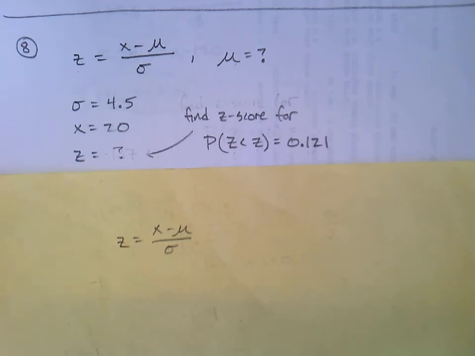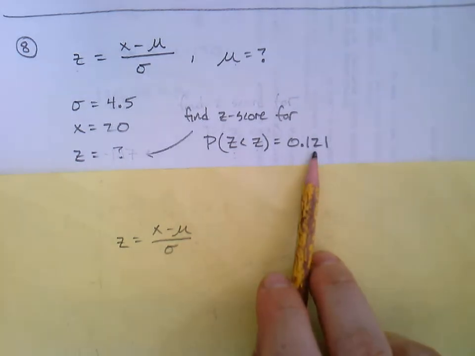Okay, so we're going to grab our z-table and we're going to use it backwards. So we're going to look in the middle of the table to find 0.121, and then we're going to triangulate the z-score that would have given you that. So first question, after you grab your table of z-scores, should you look at the negative z-scores or should you look at the positive z-scores?